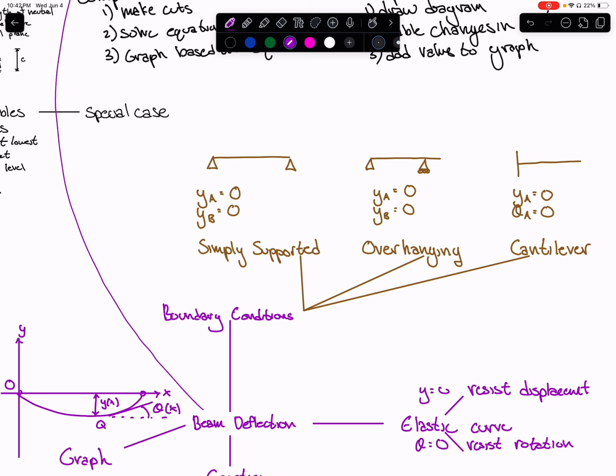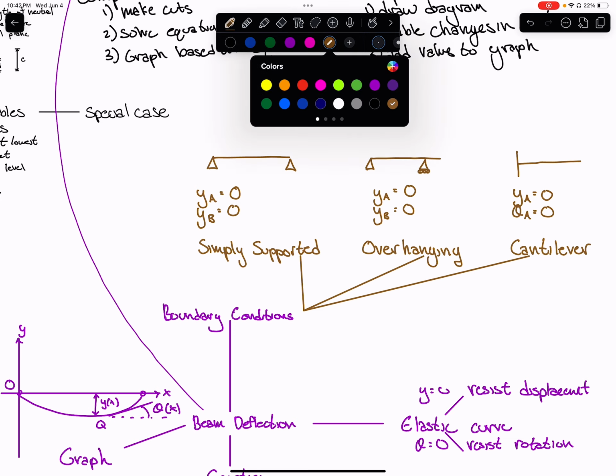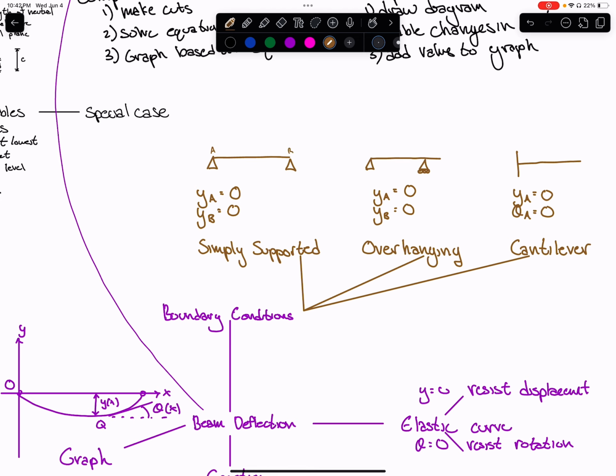However, for these cases, we have some boundary conditions, considering that this is the A side and this is the B side. Here there is zero displacement, so yA equals 0.